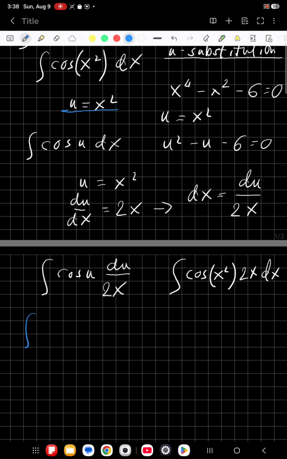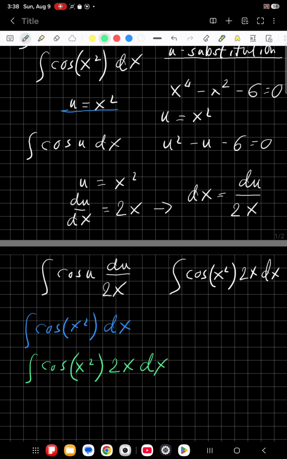The first one was cosine of x squared dx, and that's the function we tried initially to integrate and it didn't work out. And we have a different one. This one is cosine x squared, and now I have the 2x dx.